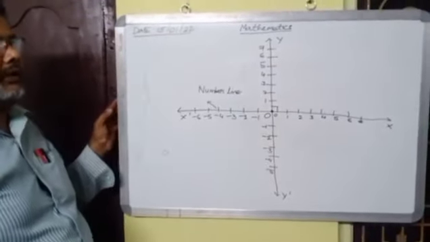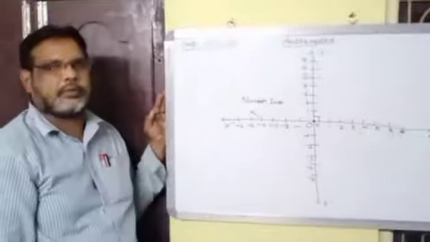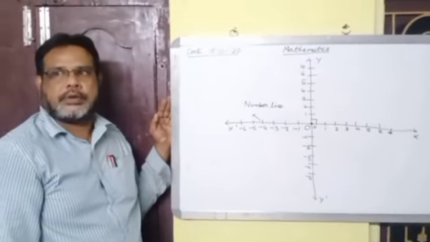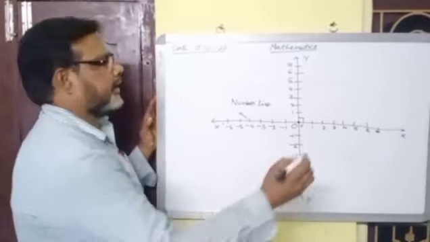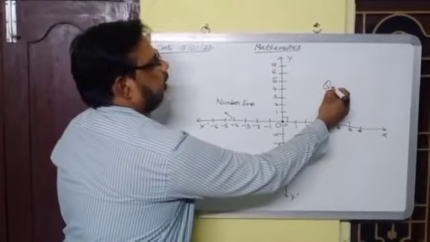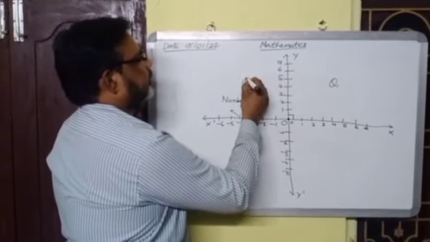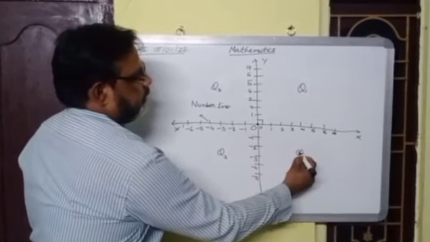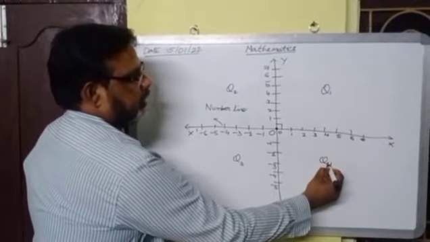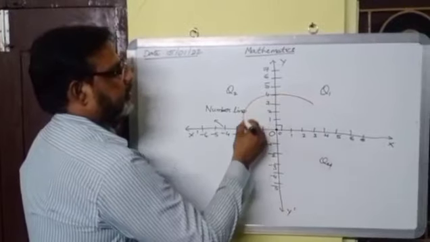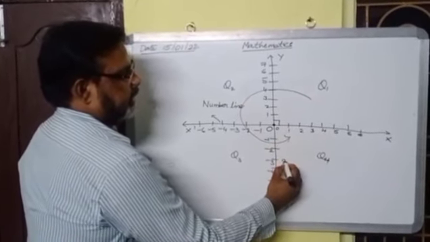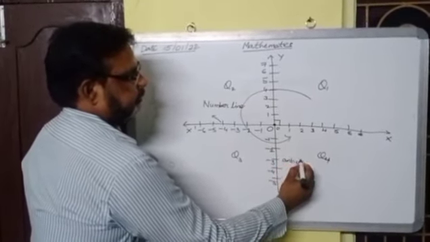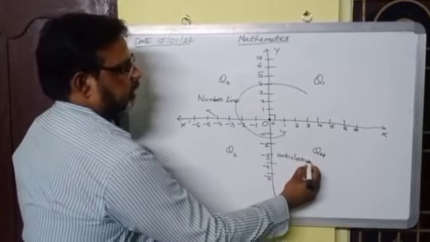So this plane is divided into 4 parts. Each part is called a quadrant. So here Q1, Q2, Q3, Q4. These quadrants are numbered in the anti-clockwise direction.